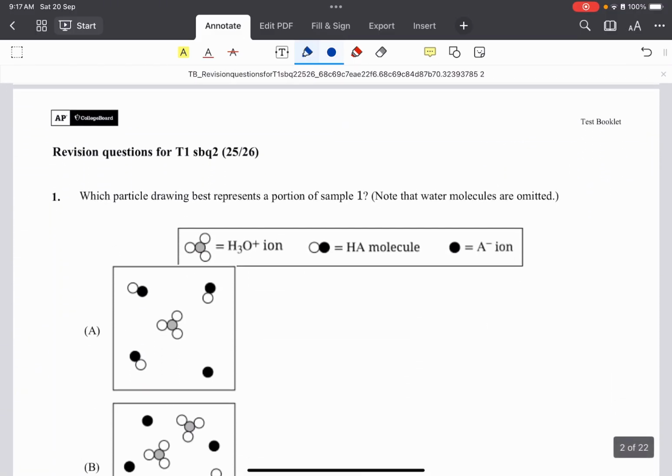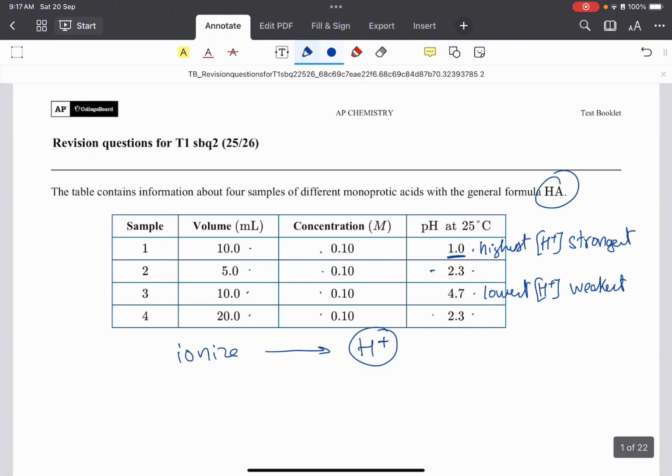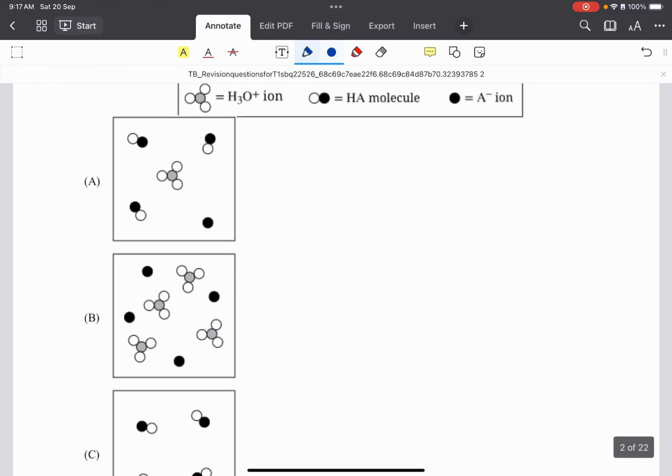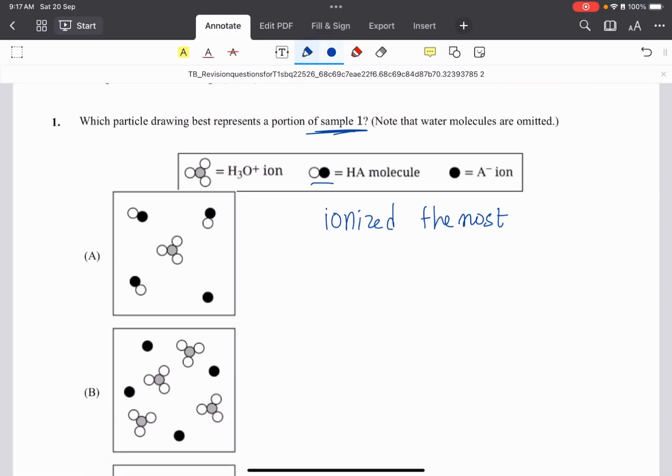Which particle drawing best represents a portion of sample 1? Remember, sample 1 is the strongest, having a very low pH. I'm going to choose among those the one that ionized the most. When I look at the key given to me, I'm going to see in which diagram I have the most broken molecules, the ones that separated.